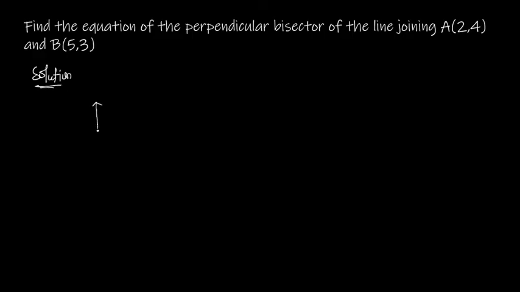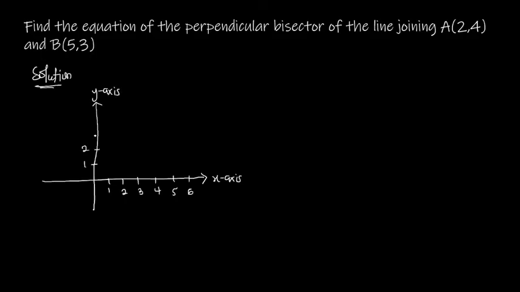I'll try and draw the graph so that we can actually visualize what we are talking about. So I have 1, 2, 3, 4, 5, 6. This is my x-axis. This is my y-axis. So this is 1, 2, 3, 4, and 5 over here.